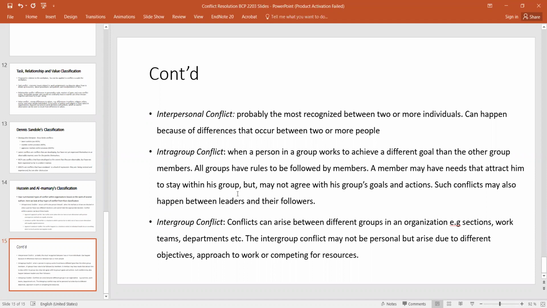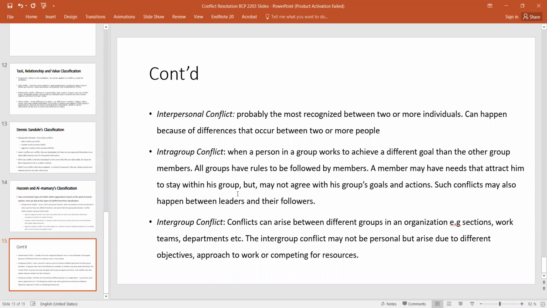Interpersonal, as in one person and another person, and they have a conflict between them. Then there is intra-group. Remember when we said intra means within, and here we are talking about one group, and it is having conflict within it.